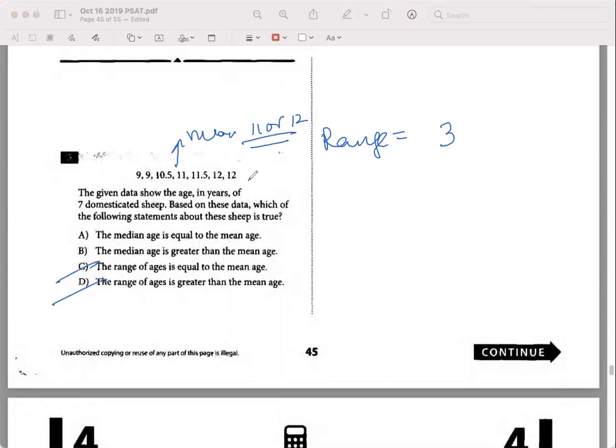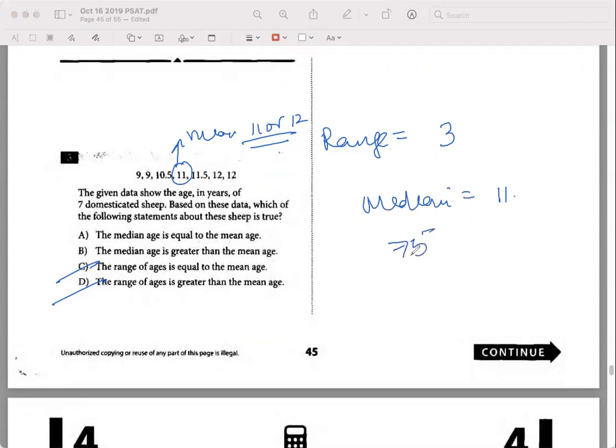If there are 7 items, the median will be the 4th item. So 1, 2, 3, 4. So the median is the 4th item, which is 11. And what about the mean? So let's just add these: 9 and 9, 18, and 10, 28, 38, 39, 39, 40, 40, 51, 51, 61, 71, 75.